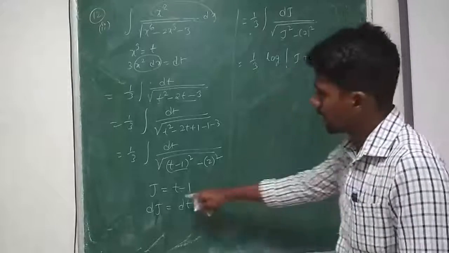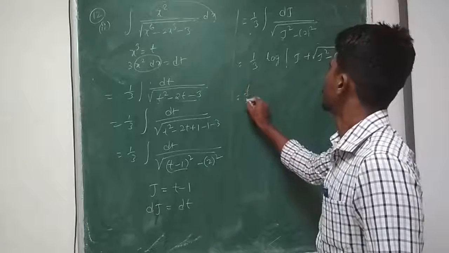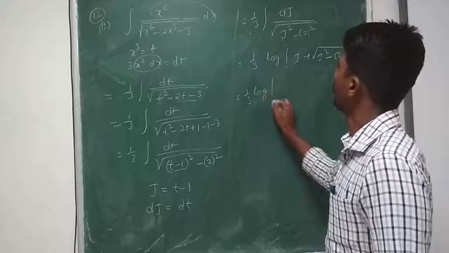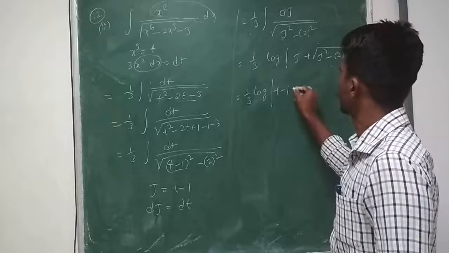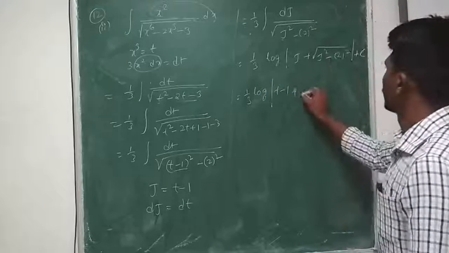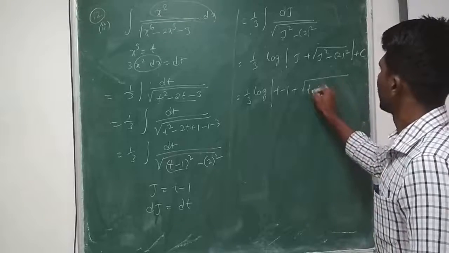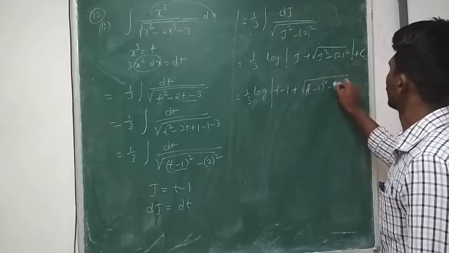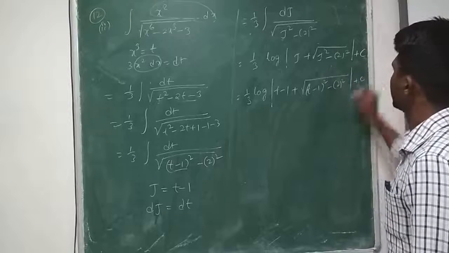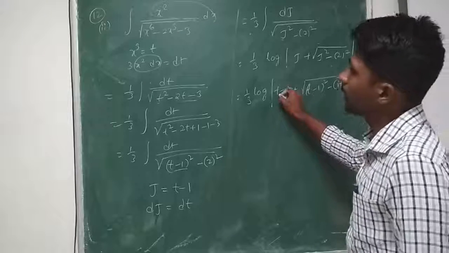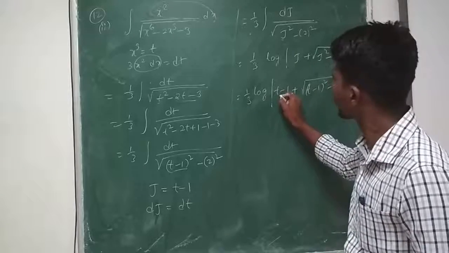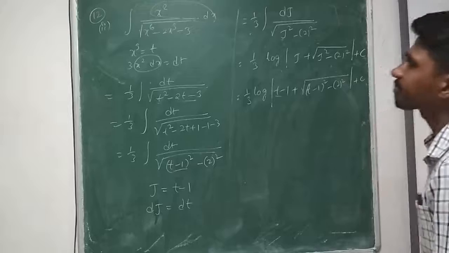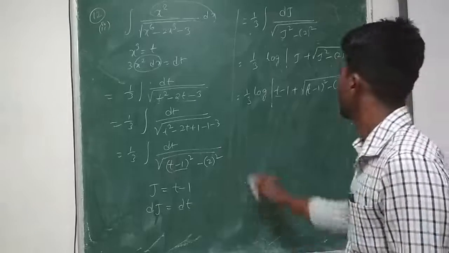Now we have to start replacing. What is j? J is nothing but t minus 1. So 1 by 3 log modulus of t minus 1 plus root over t minus 1 whole square minus 2 square plus c. Now again, t minus 1. What is t? T is nothing but x cube.